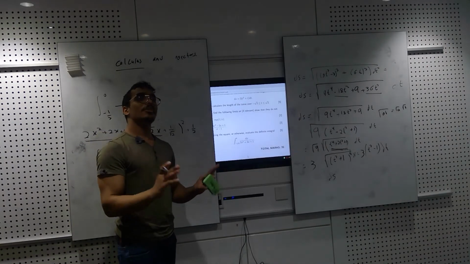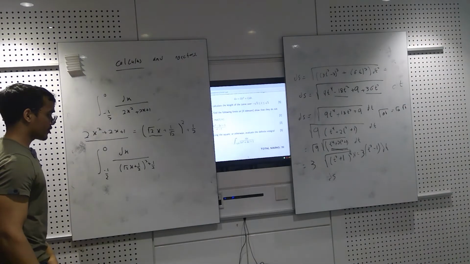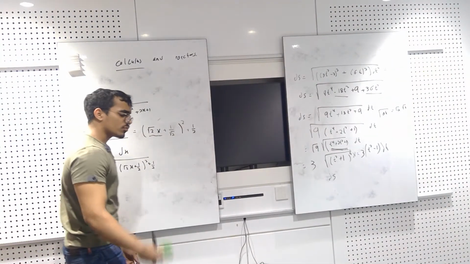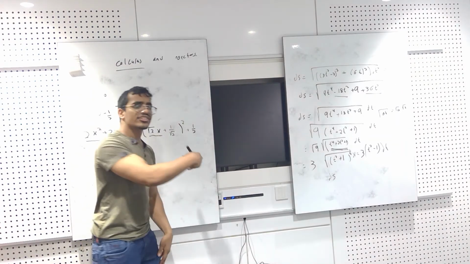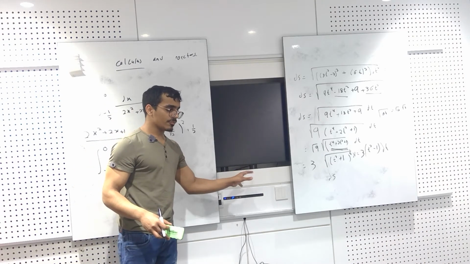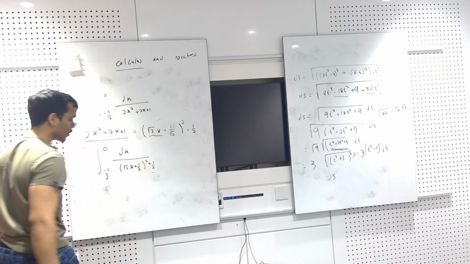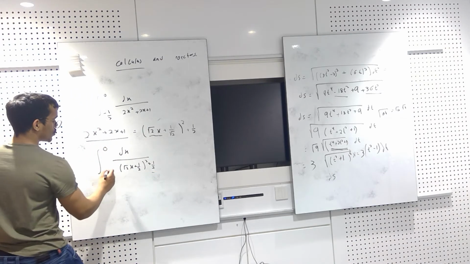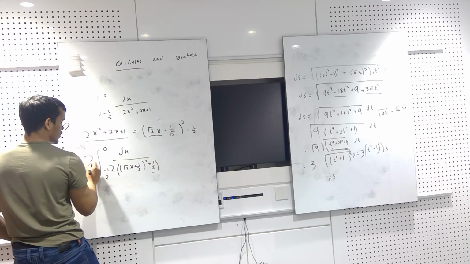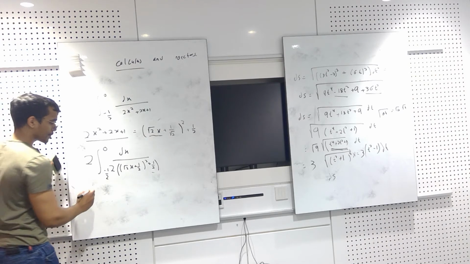Everyone, I think this year is so lucky, because they will give you the table of integrals, and you have all the expressions, like 1 over x squared plus 1, and 1 over square root of x squared plus 1, minus 1, anything is given in the table of integrals. But you see that all of them include 1, something plus 1. So what you can do is multiply by 2 inside, and come outside the integral and multiply by 2, because 2 divided by 2 is 1.